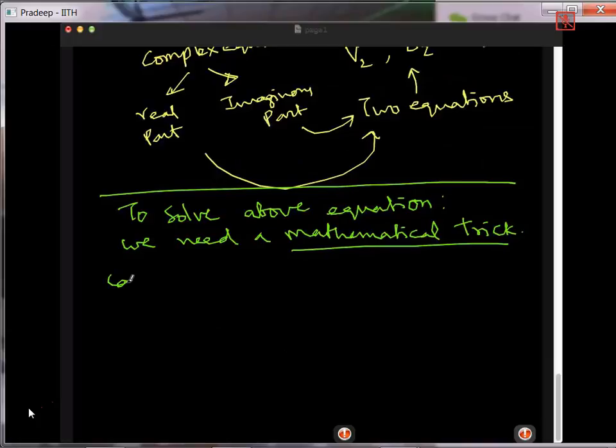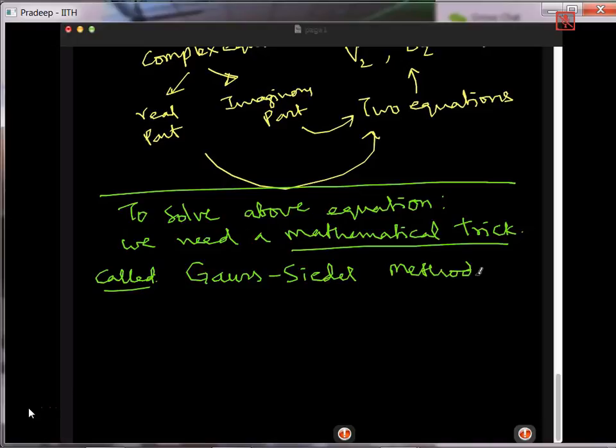The name of the trick, the mathematical trick, is the Gauss-Seidel method.